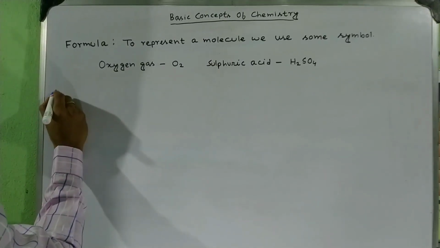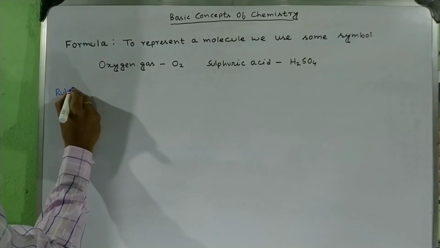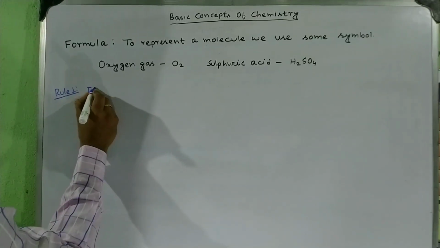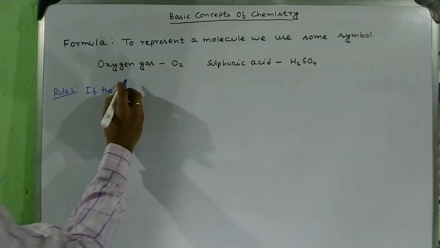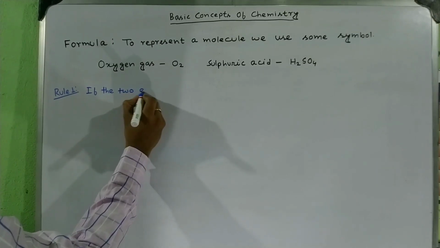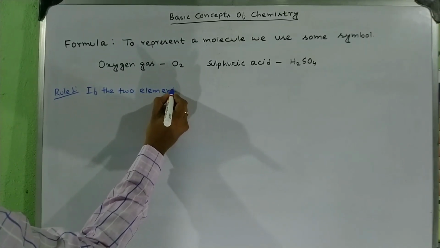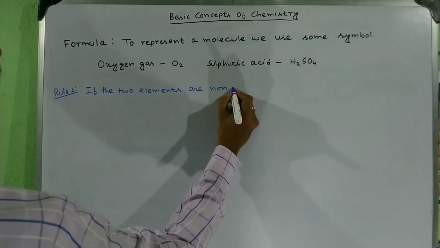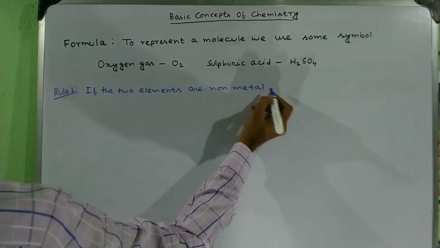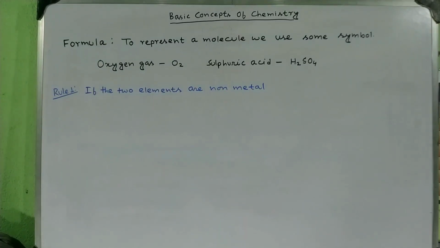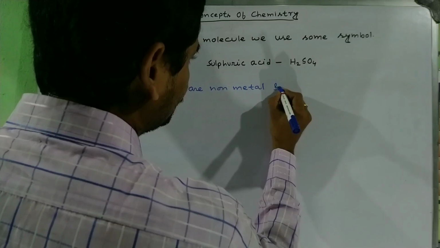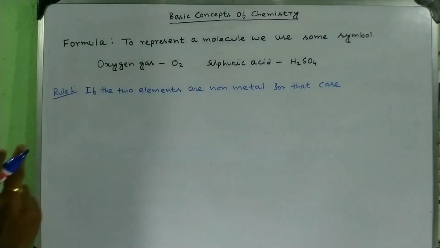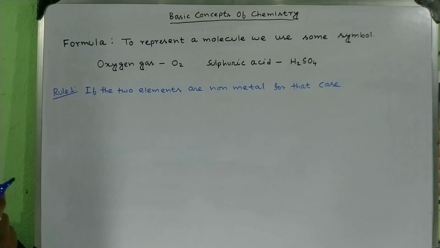Rule 1 says that if the two elements are non-metal, in that case first write the less electronegative element.